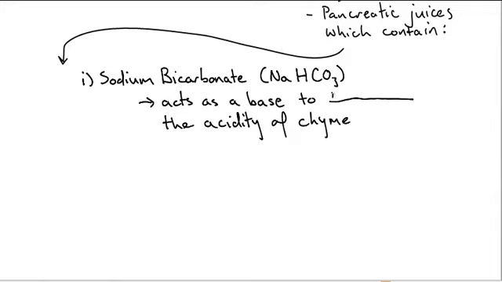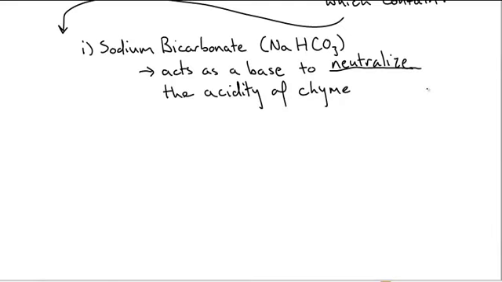If you said it would help neutralize, you're absolutely correct. And it's important that we neutralize that acidity because we want to do absorption in the small intestine, which means we can't afford to have all that mucus in the way, and it's vulnerable to the acid if we don't neutralize it.